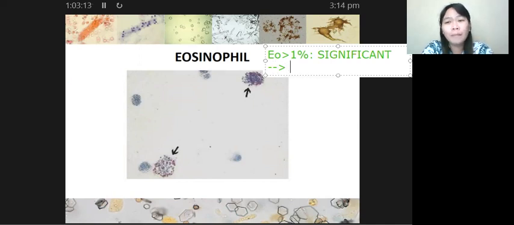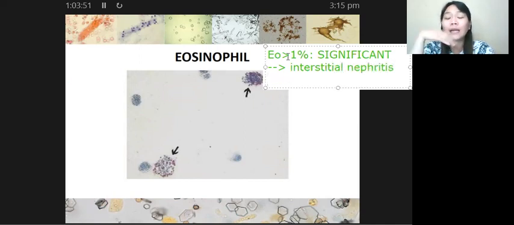Ma'am, do we also perform a differential count for WBCs in urine? Yes, we also perform a differential count. The differential count I am mentioning here does not use blood; we use urine. If the value of your eosinophil is greater than 1% in the differential count of WBCs in your urine, it is considered significant and is associated with interstitial nephritis.